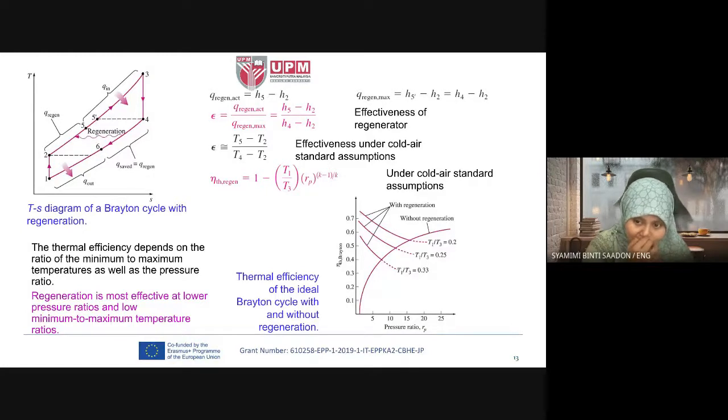So the focus of the parameter has changed. The thermal efficiency depends on the ratio of minimum to maximum temperature as well as the pressure ratio.